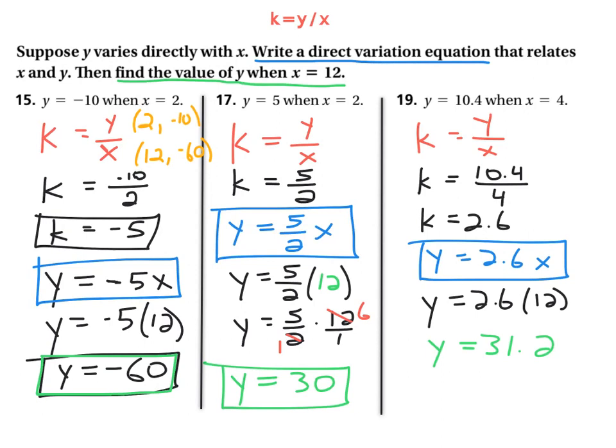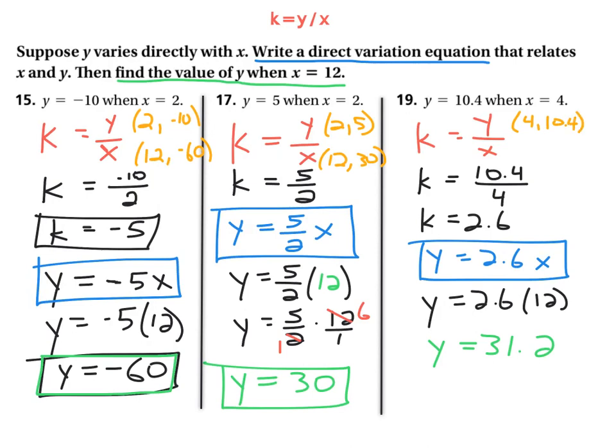And if we continue doing that, for number 17, we had the point 2, comma 5, the information they gave us. X is 2, y is 5. Then they asked what you would get when you had 12. It would be 12 as the input, 30 as the output. That would be another point on the graph. And finally, for number 19, we have the point 4, comma 10.4 on the graphed line.